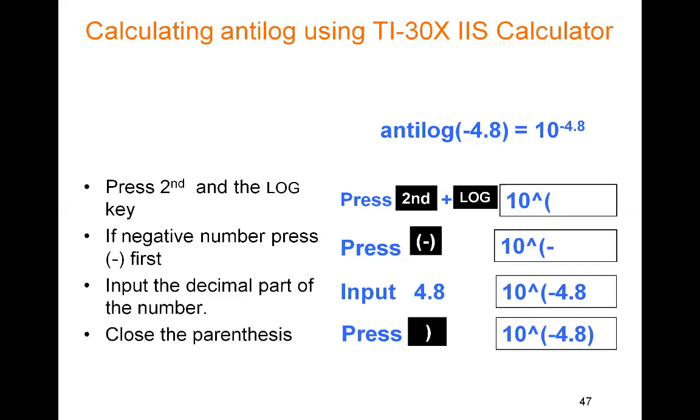So in the TI-30X IIS, you need to do the second function of the log key, and the second function of the log key shows 10, the power symbol, and open parentheses. Then you need the negative sign because it's negative pH that you need to input. Enter 4.8 equals.